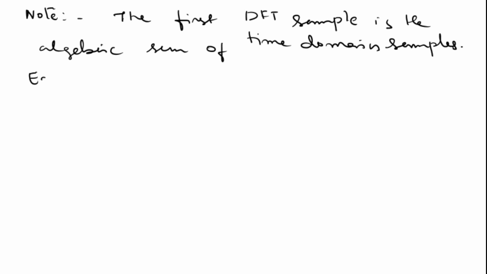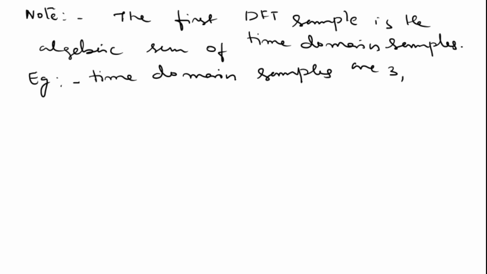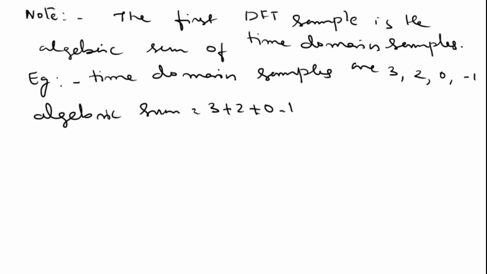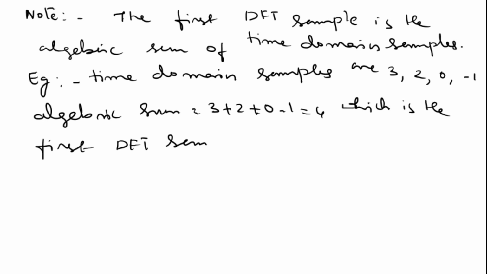For example, in the previous problem, time domain samples are 3, 2, 0 and minus 1. If I add all these values, the algebraic sum is 3 plus 2 plus 0 minus 1, which is equal to 4. That is the first DFT sample.